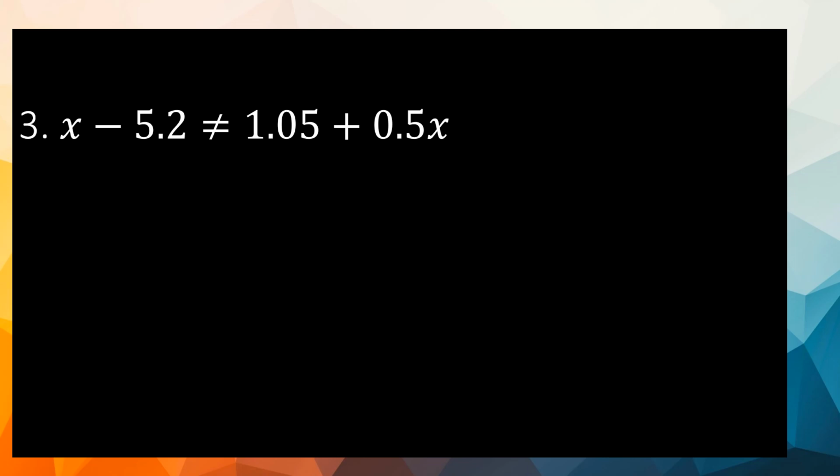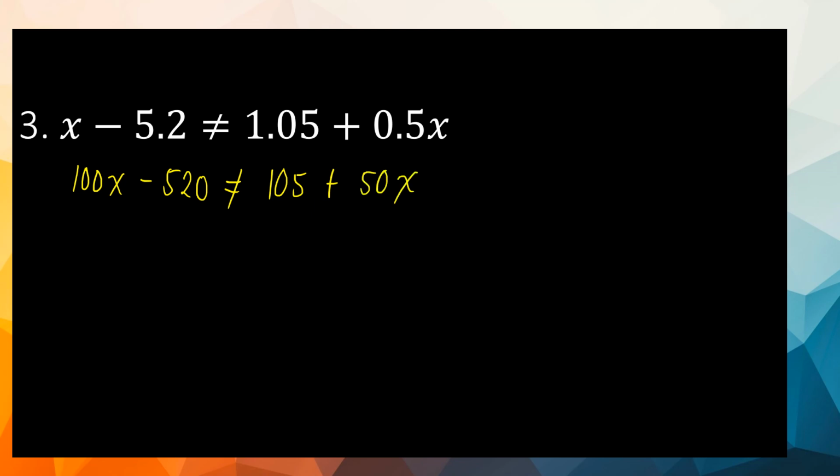So let's do that. Your x will become 100x minus 5.2 times 100, so that is 520, is not equal to 1.05 times 100 is 105, plus 0.5x times 100 is 50x.